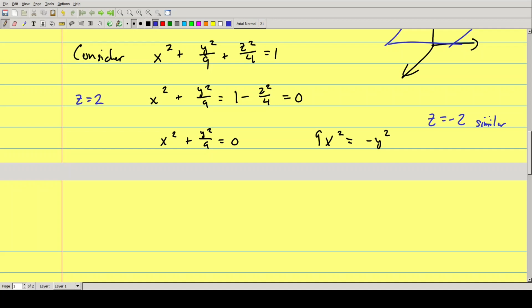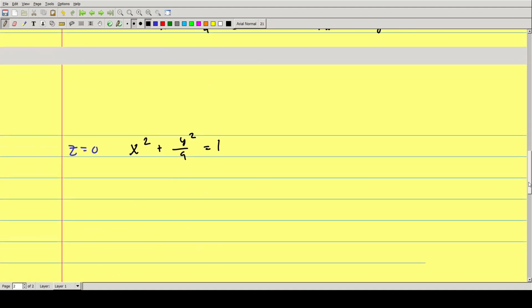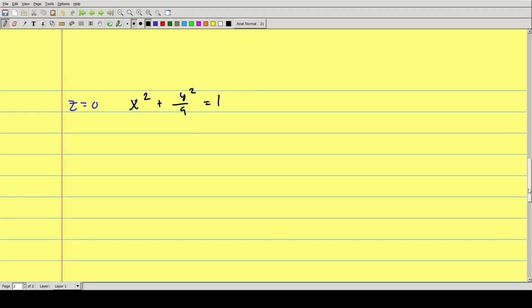Now, we could also select z equals 0. And if we do that, we're going to get x squared plus y squared over 9 equals 1. And what is this the equation of? It's not quite a circle. It's an ellipse, right?